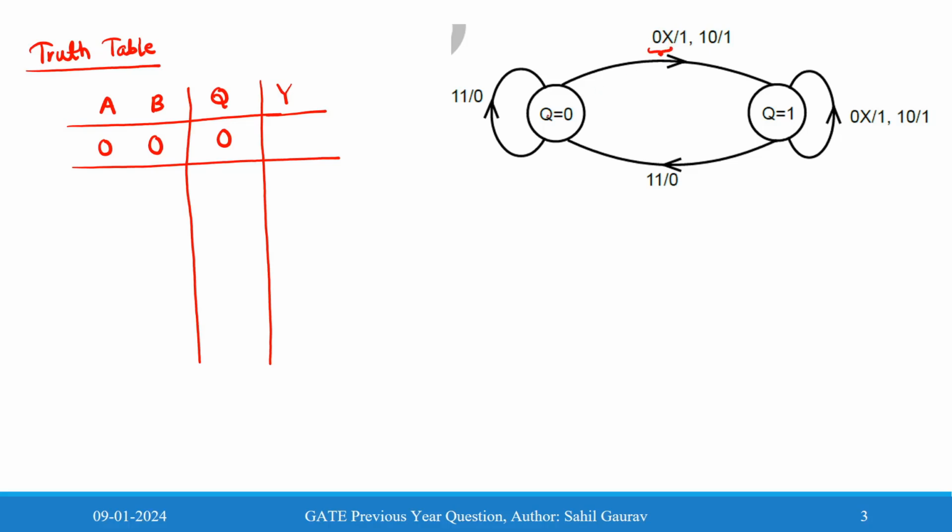So from Q equal to 0 it goes to Q equal to 1, and you will get output 1 in this condition.